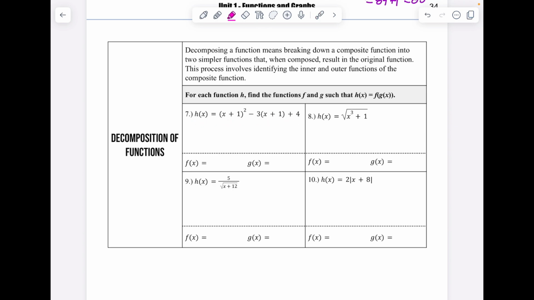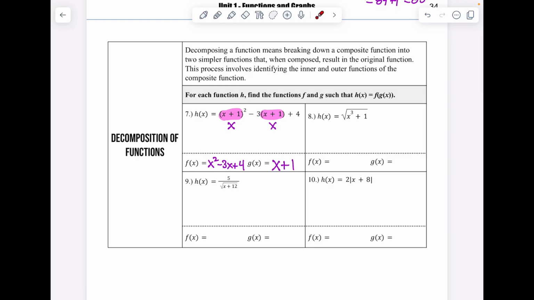And so the first thing I notice is that in both of these, we have this x plus 1. So that feels to me like that was what was inserted into the function. So I'm going to allow that to be my g of x function. And so if we take that out and just replace it with x's, then I would have the function x squared minus 3x plus 4.